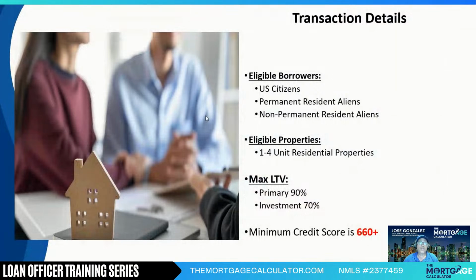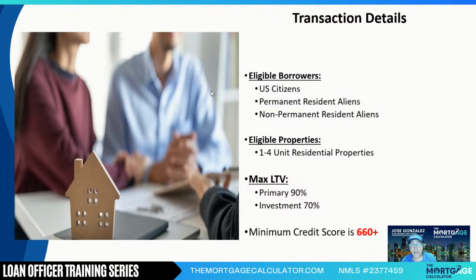So, what are some transaction details for the HE loans? Well, our eligible borrowers are the usual that we've had lately: U.S. citizens, permanent resident aliens, and non-permanent resident aliens. A non-permanent resident alien is a borrower that is legally residing and legally working in the United States.